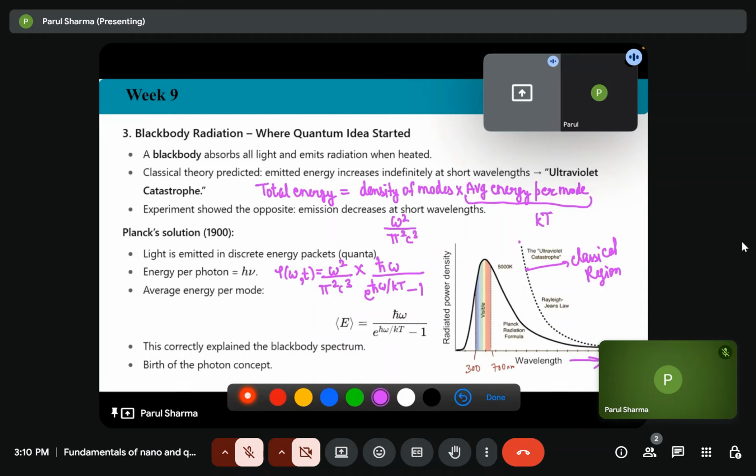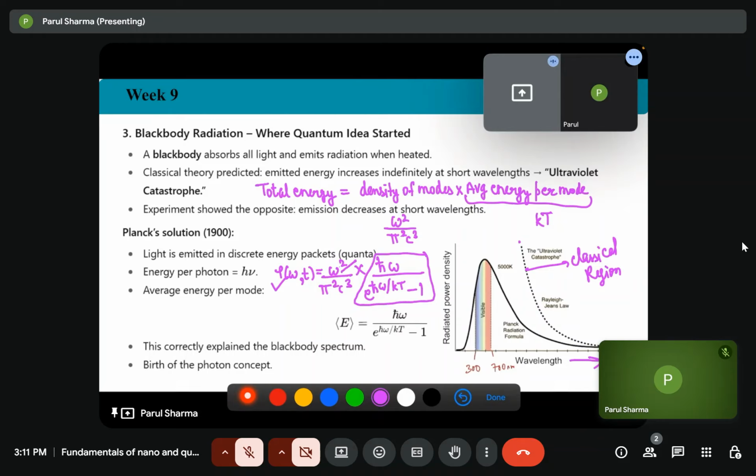So we have to define the average energy. Earlier it was like kT, so with the frequency increasing, total energy was continuously increasing. But because of this average energy, which is given by h cross omega upon exponential h cross omega by kT minus 1, this is the average energy per mode, which will reduce this part.